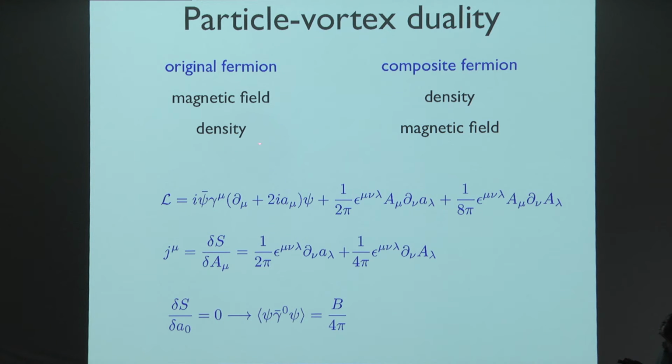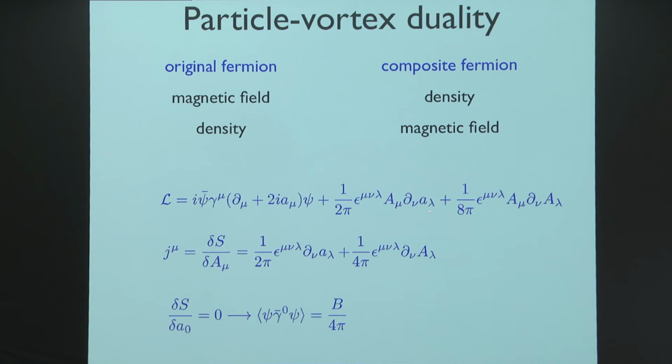And it should map the density of the original electrons, more precisely the density measured from the half filling point, to the magnetic field of the composite fermion.